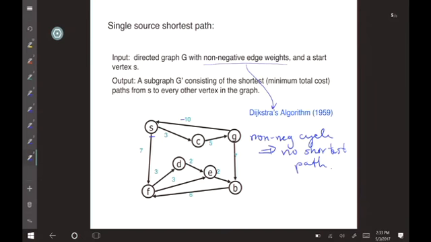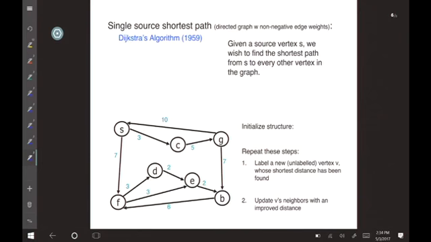Okay, so Dijkstra's algorithm, let's do it. We've got 17 minutes. No big thing. Okay, so here's how it goes. S is going to be a special vertex this time. It's the source. And our process is going to find the shortest path from S to every other vertex in the graph, assuming they're reachable.